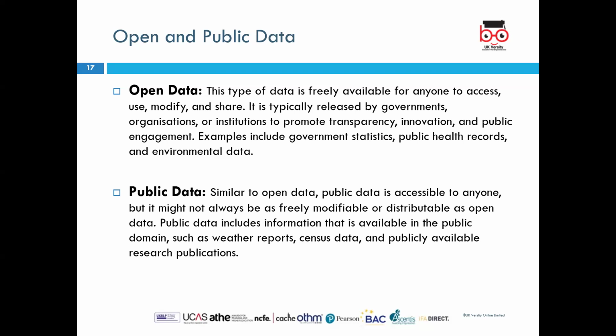Public data is very similar to open data, but while it's also accessible to anyone, it might not always be as friendly, modifiable, or distributable as open data. For example, this can include information available in the public domain, such as weather reports, census data, or even publicly available research publications.